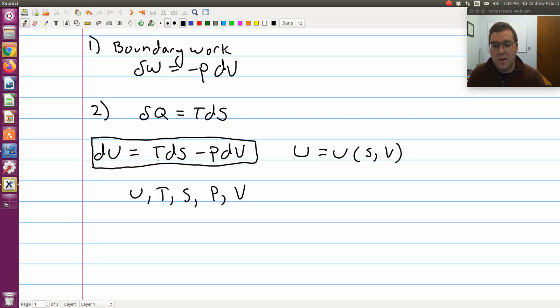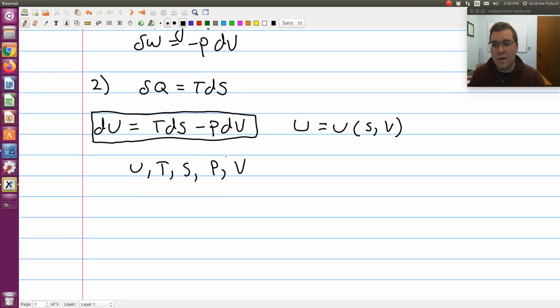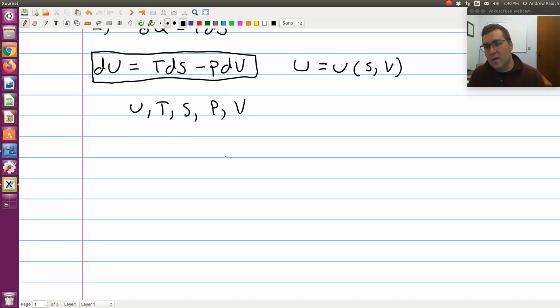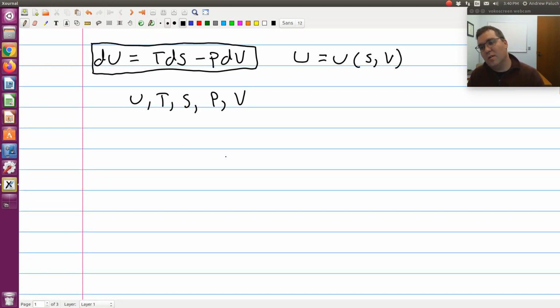We call them conjugate variables because you'll see that T and S and P and V are always going to appear together. It's just a matter of who's the independent variable will change. All right, so the first convenience function that we will introduce will be enthalpy.